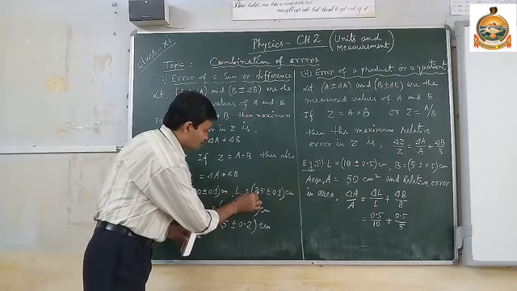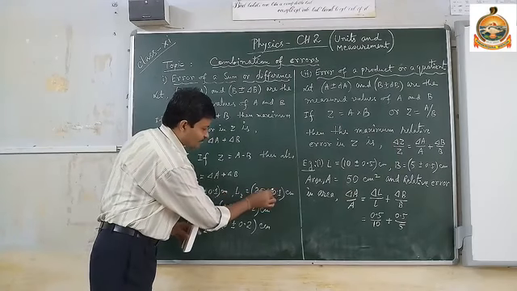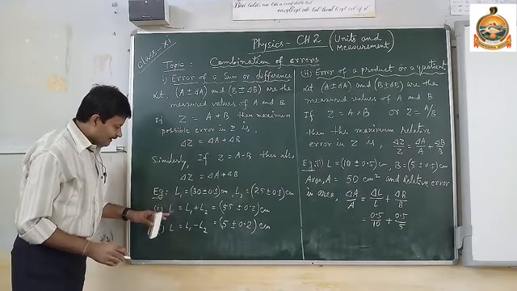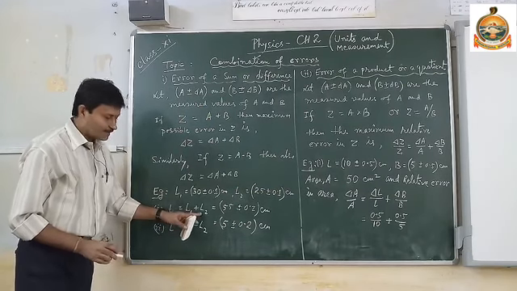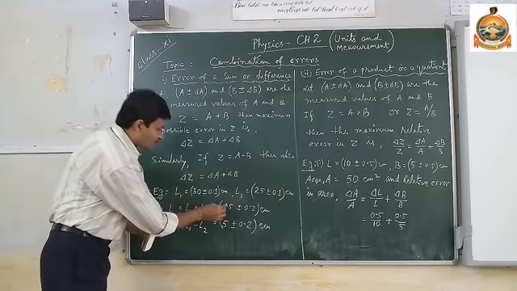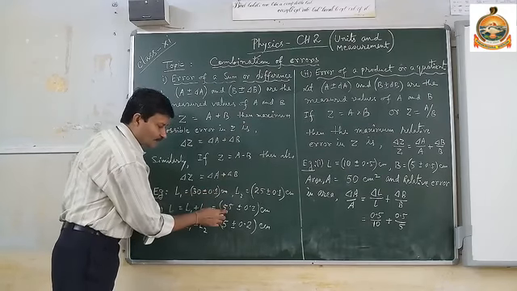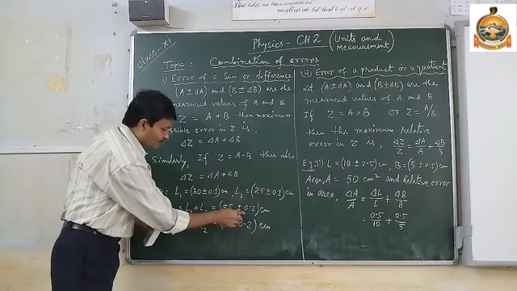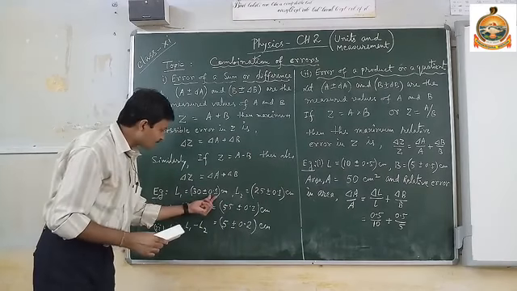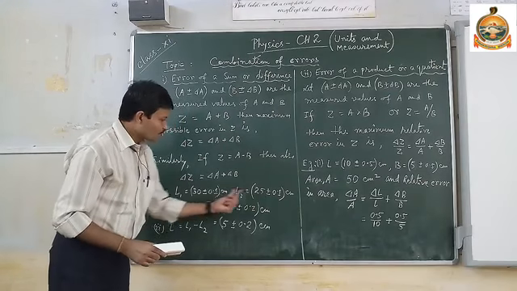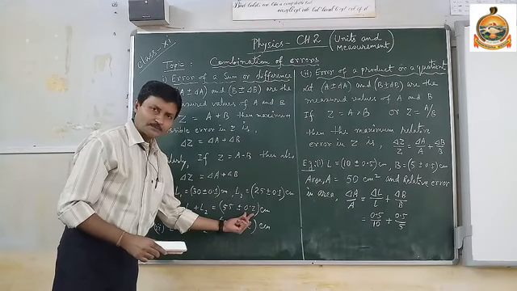For the second, the true value is 25 centimeter and the absolute error is 0.1 centimeter. When we get the final result by adding them, the result will be 30 plus 25 is equal to 55, and the error in the final result is obtained just by adding the absolute errors of the individual quantities. That means 0.1 plus 0.1 is equal to 0.2.